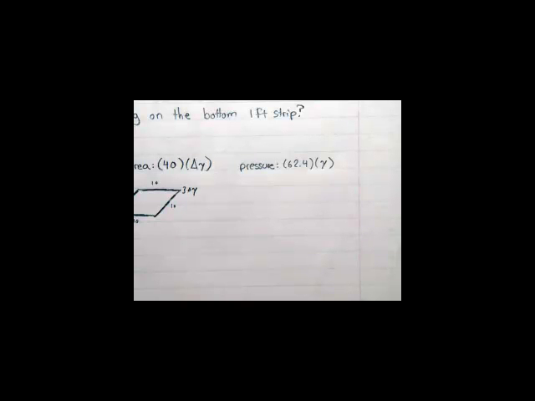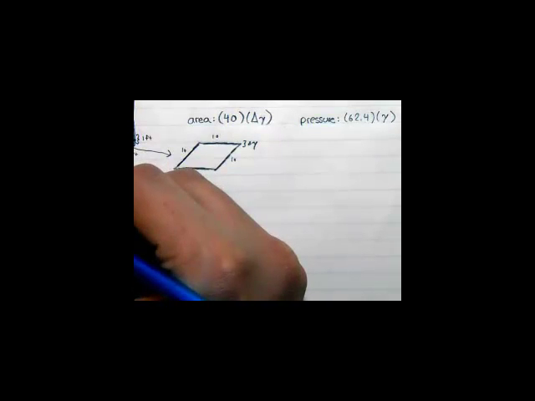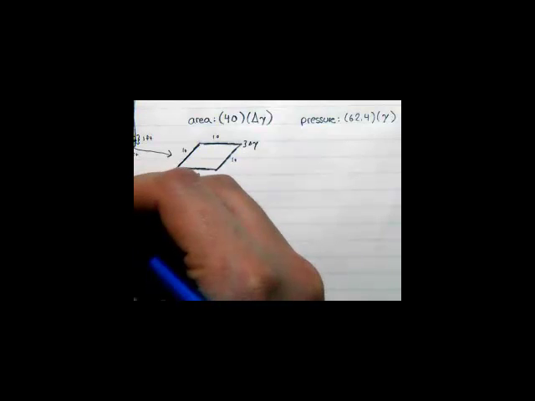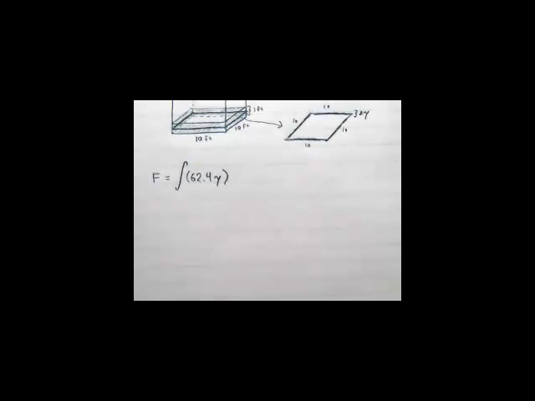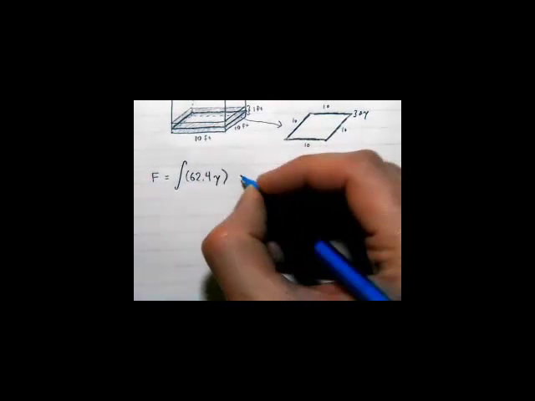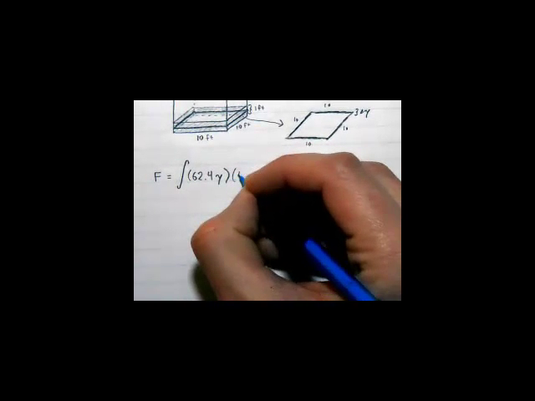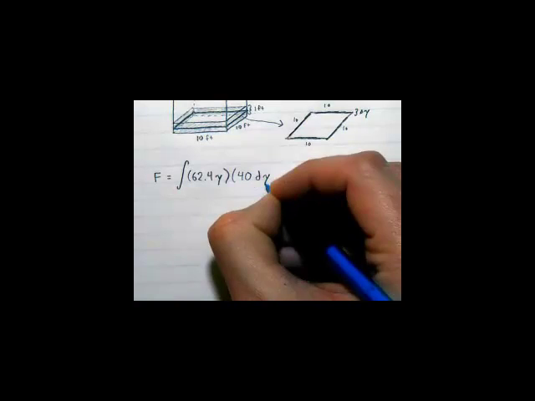And so we can still go with 62.4 y. And now we've got what we need to go plug this thing in and create an integral for the force acting on it. So we got 62.4 y, that's the pressure, times the area, 40 dy.